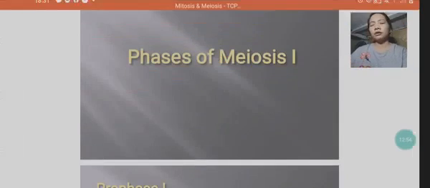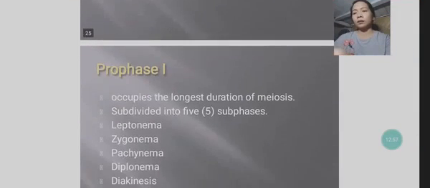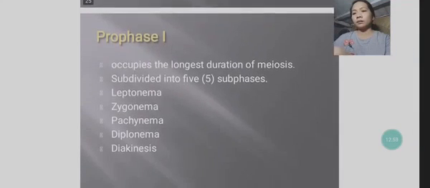The phases of meiosis 1, the prophase 1. What is prophase 1? Who can read about prophase 1? Before the dividing cell enters meiosis, it first undergoes a period of growth called the interphase.